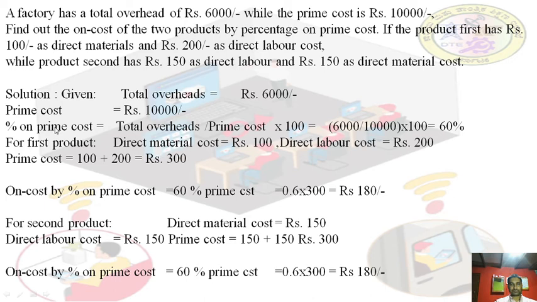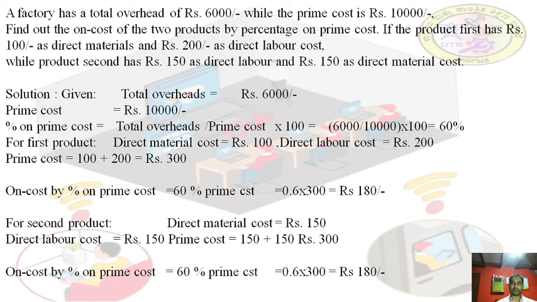So percentage on prime cost method. We need to calculate the overhead in terms of a percentage on prime cost, which is given by total overhead divided by prime cost into 100. We take the percentage on prime cost method, allocation of overhead by percentage on prime cost method, because he has mentioned only the prime cost and the overhead.